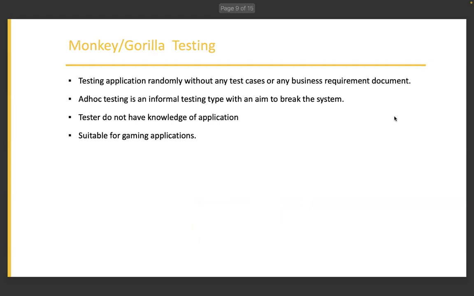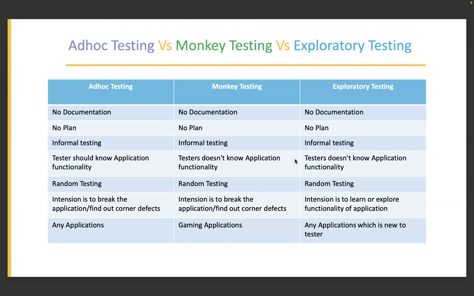Next is monkey and gorilla testing, which is the same as ad hoc testing. Here also the tester doesn't have any understanding of the application. So it is suitable mainly for gaming applications, guys. Here is the comparison between ad hoc, monkey and exploratory testing, guys. You will see that almost all the features are the same.